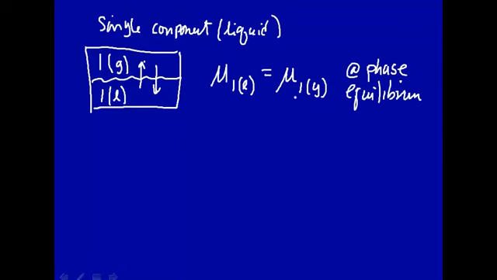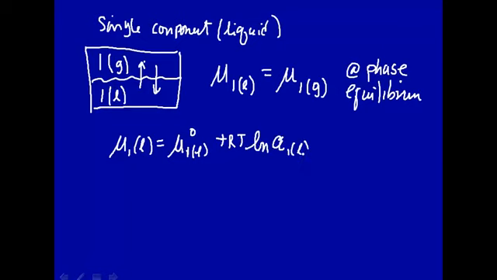Let's look thermodynamically in more detail at what's happening here. We're just looking at the single component, and then once we understand that, we'll add another component. The chemical potential of component 1 in the liquid phase will be the chemical potential of component 1 in the liquid phase, standard state, plus RT times the natural log of the activity of component 1 in the liquid phase.